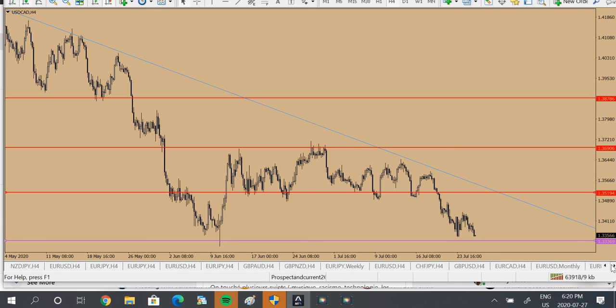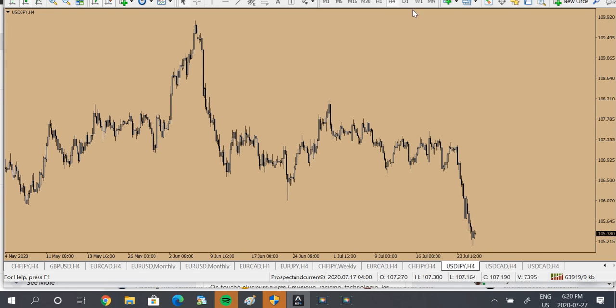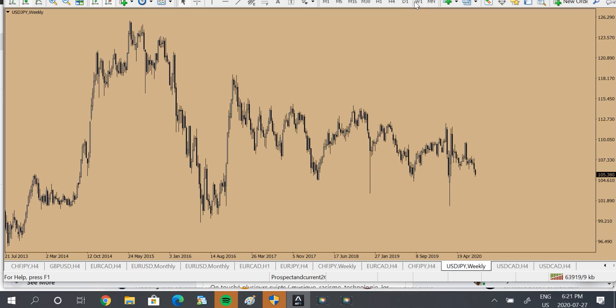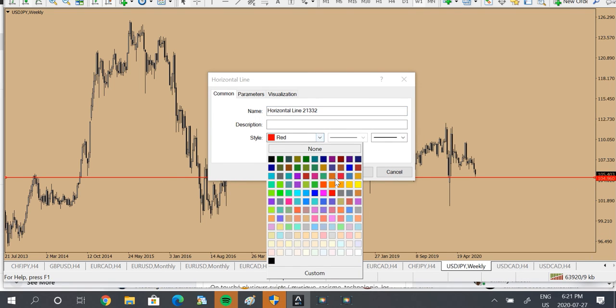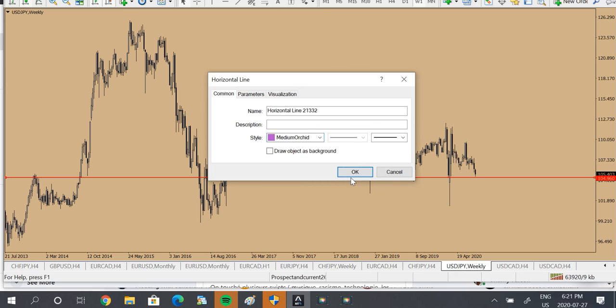Now let's look at the USDJPY pair. USDJPY at a weekly, this is my weekly support.